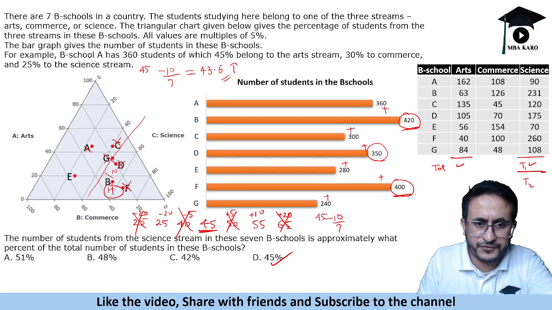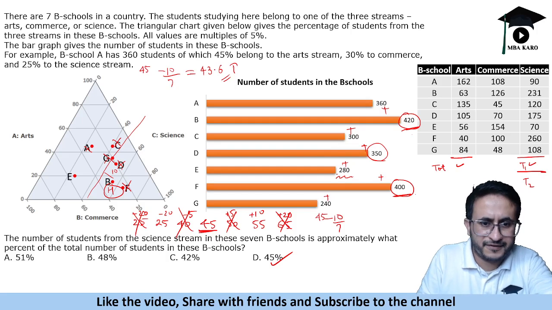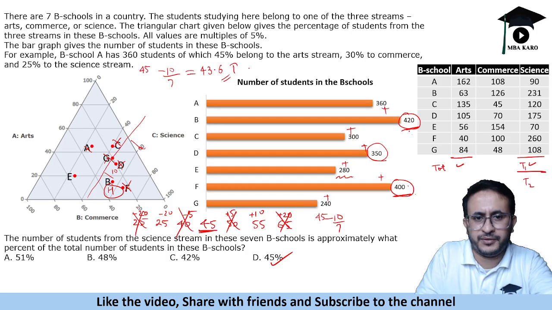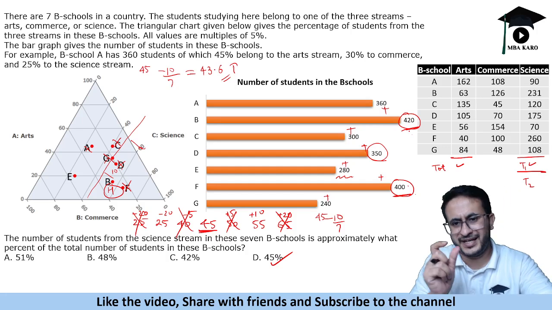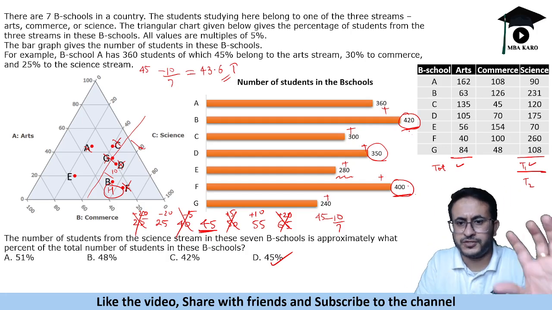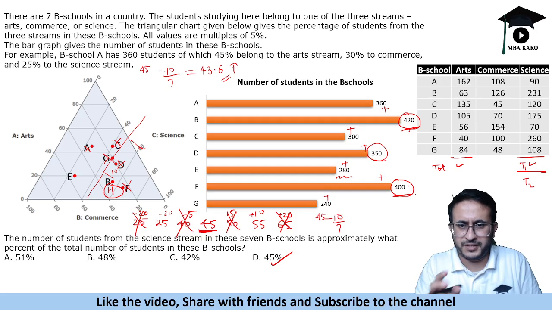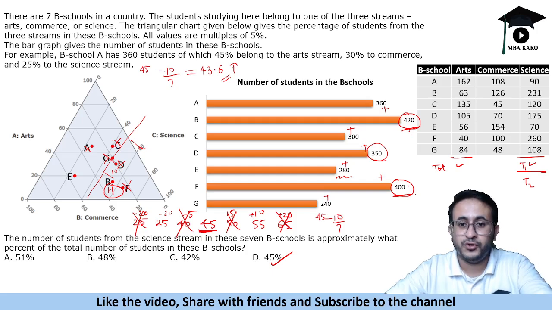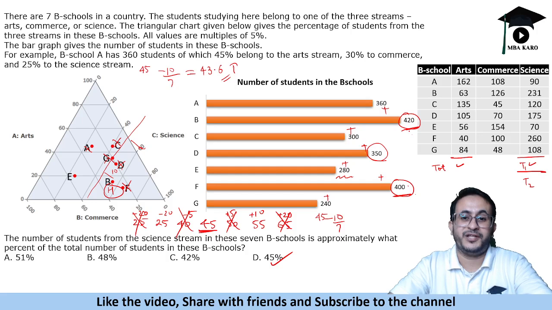A and E have fewer students, especially E, very few students compared to others. So these three will technically pull the average from 43.6 to slightly above. Maybe it won't reach 45, it may be 44 point something, but I would go with the bet of 45. So this is how you solve average-based questions without doing calculation.